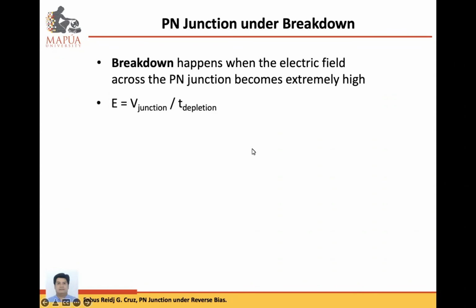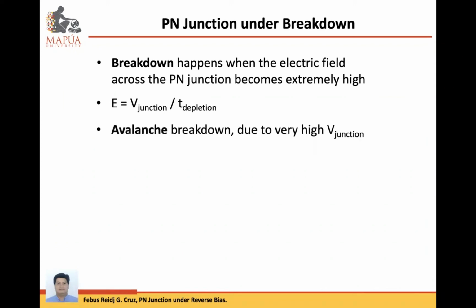Electric field is defined by the voltage across the junction divided by the thickness of the depletion region. So based on this electric field equation, breakdown can happen when there is very high junction voltage or when there is a very, very thin depletion region. That provides the 2 types of breakdowns.